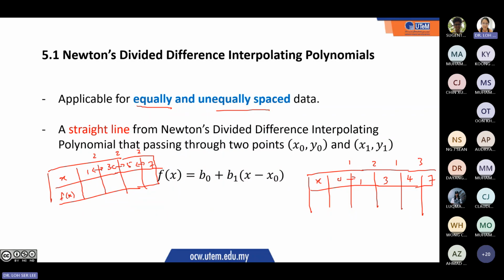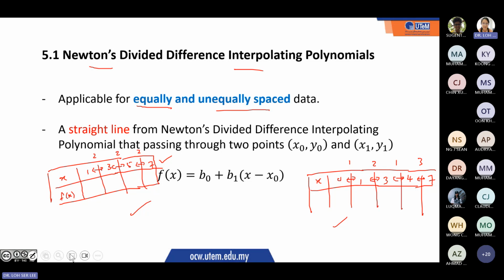The difference between two x values is not constant, so this is unequally spaced. Newton's interpolation is applicable to both of these two types of data set. Both can be applied.